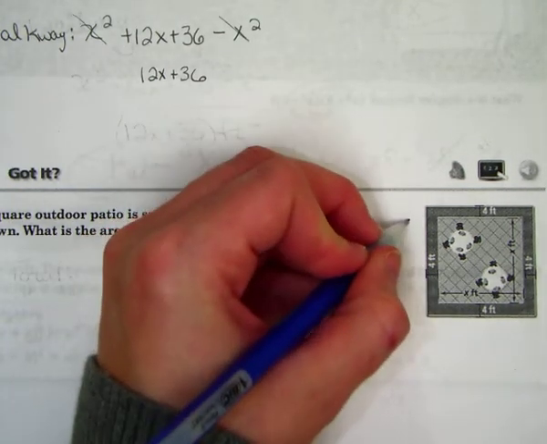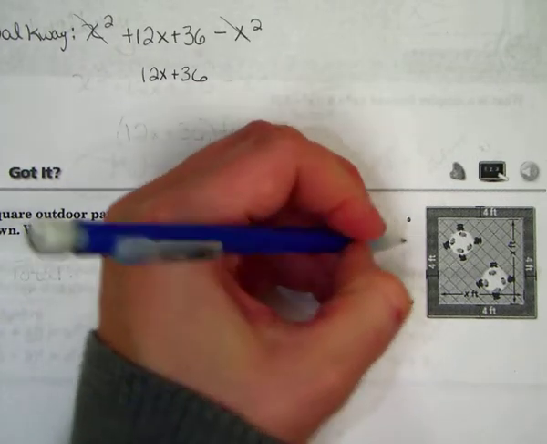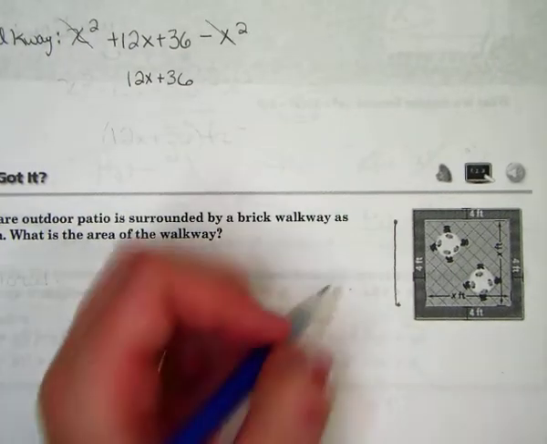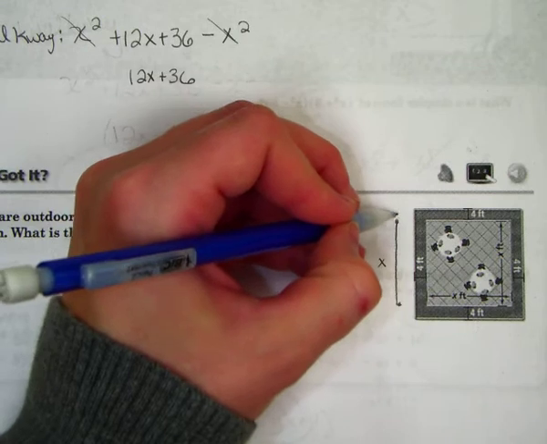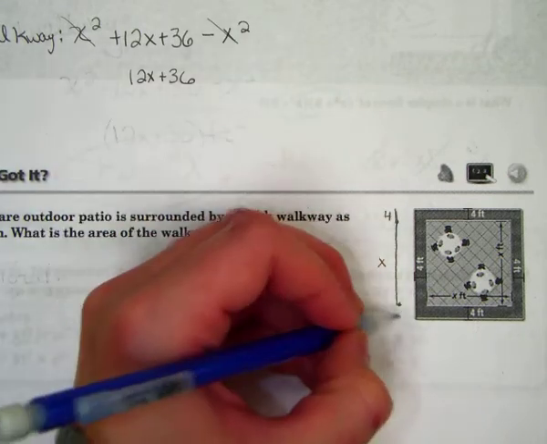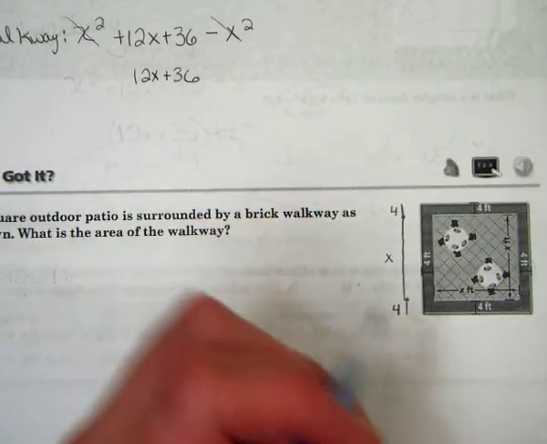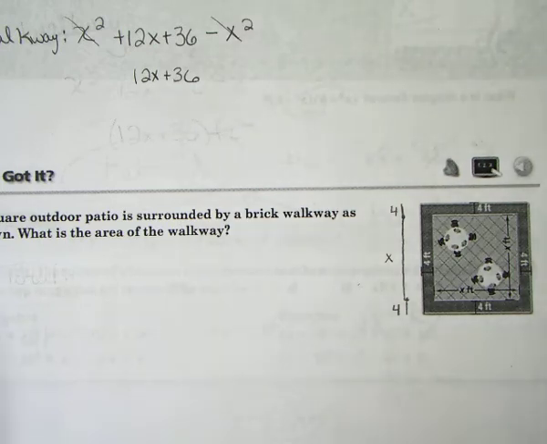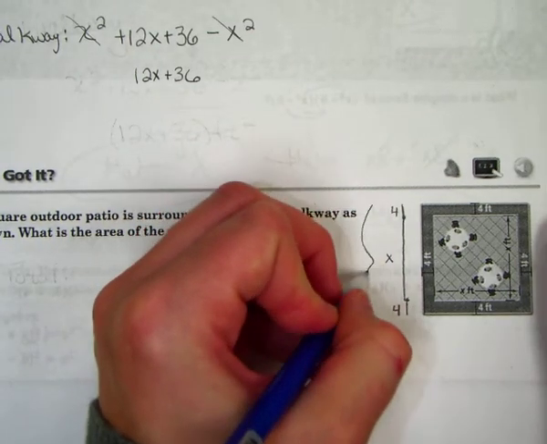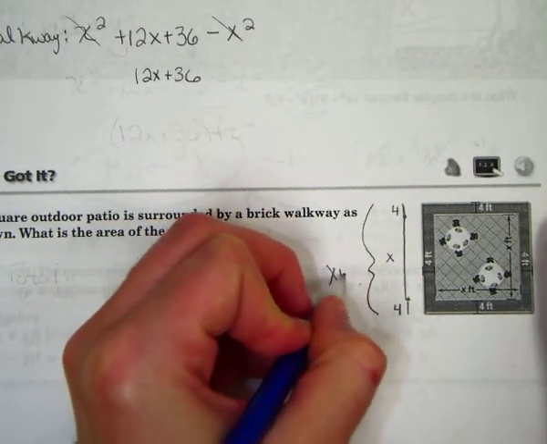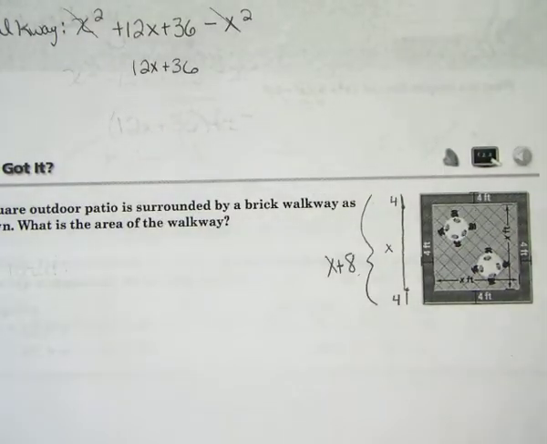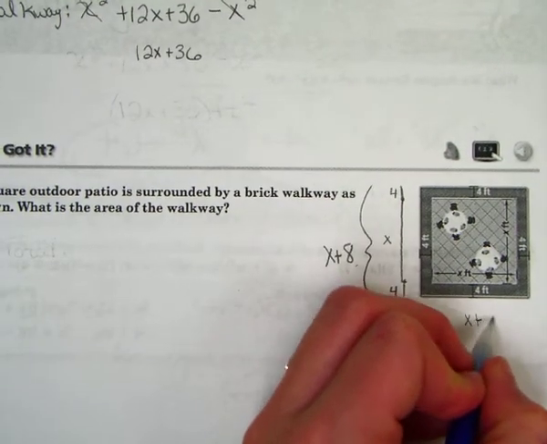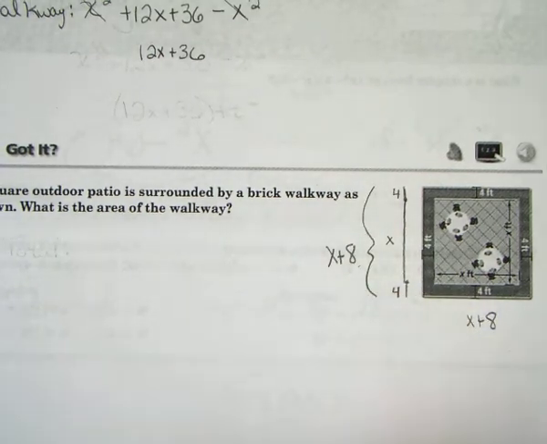The edge is made up of the inside patio, which if you take a very close look, is labeled as x. Then they're telling you the walkway is 4 here and 4 here. That's going to make this entire side x plus 8 because of the 4 and the 4. Same thing happens down here because it's x and then 4 and 4.